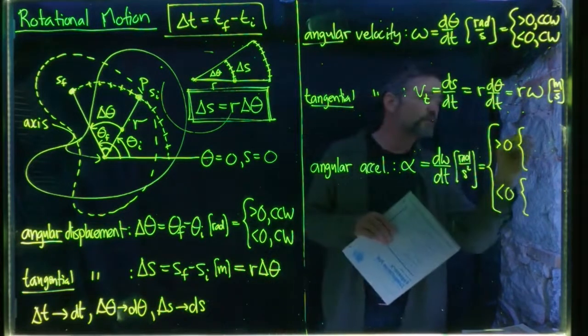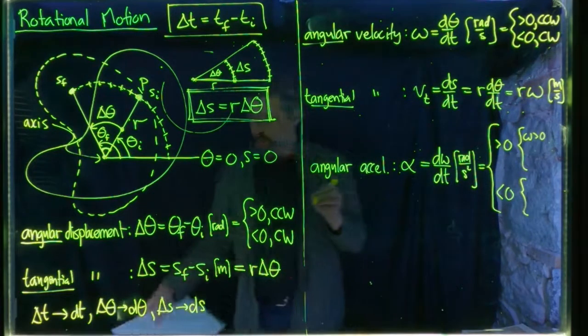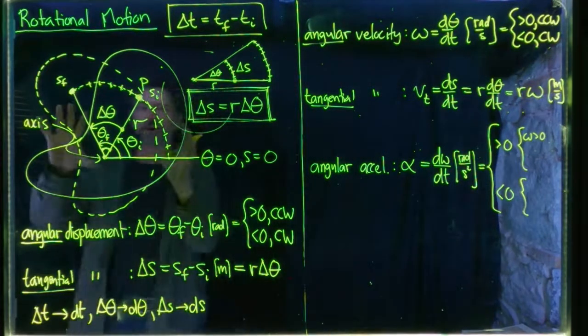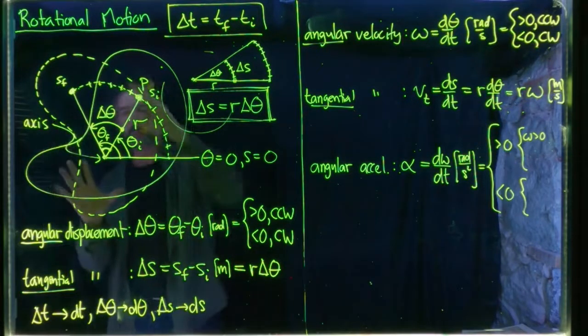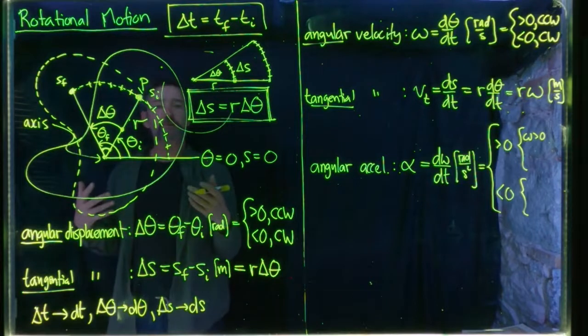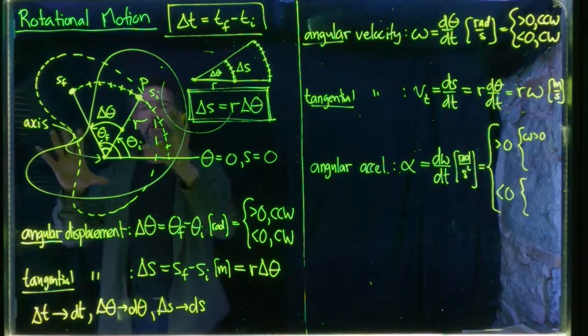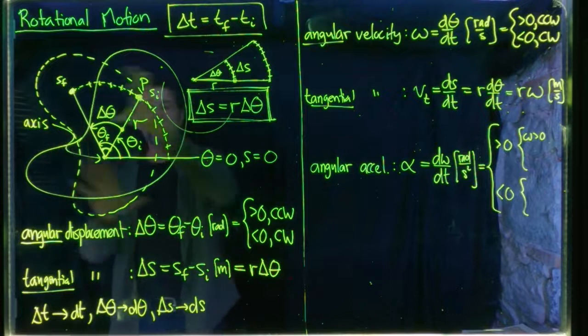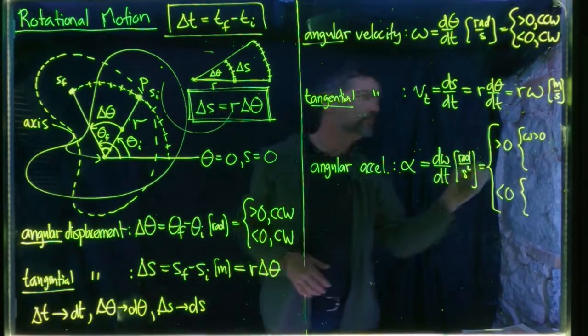Let's suppose that the angular velocity is positive. So we have an object that at some instant of time has positive angular velocity, so it's rotating in the counterclockwise direction. And suppose that the angular speed, the magnitude of the angular velocity, is increasing. So it's rotating counterclockwise, but it's rotating faster and faster in the counterclockwise direction. Then the angular acceleration will be positive.